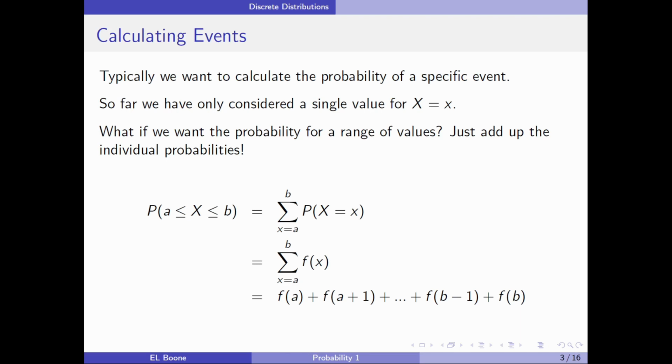And the great thing about discrete distributions is they just add up. That's why we've constructed everything the way we have, so things just add together. So the probability that x is between A and B is the sum of the probabilities starting at A and ending at B. You can write it different ways, but these are those ways.